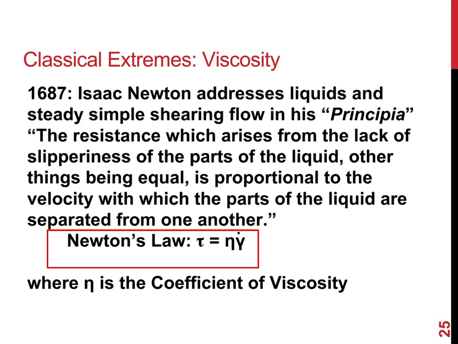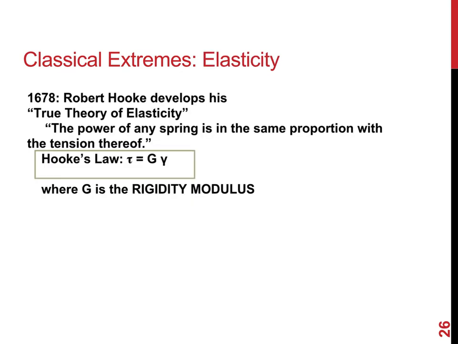We've seen this equation earlier, and the η here is the viscosity, or the coefficient of viscosity. Whereas elasticity is defined as the power of any spring being in the same proportion with the tension thereof. This is known as Hooke's law: τ equals G times γ, the strain, and G is the rigidity modulus.